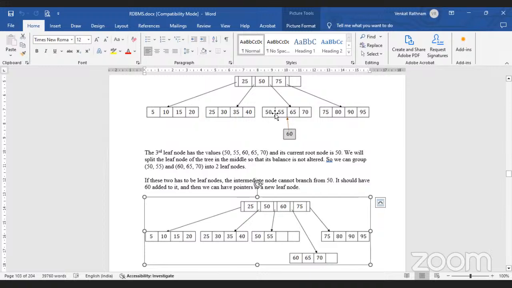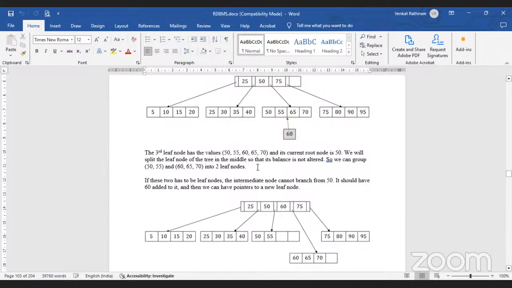How many do we have? 1, 2, 3, 4. So 2 on one side, 2 on the other side, the middle. If you divide it like that, the balance is not altered. So we can group 50 and 55 into one leaf node, and 65 and 70 into another.